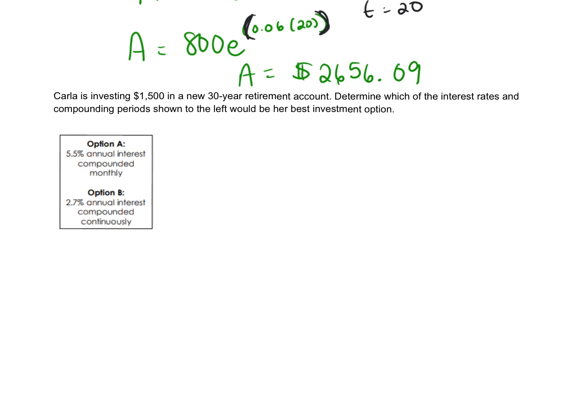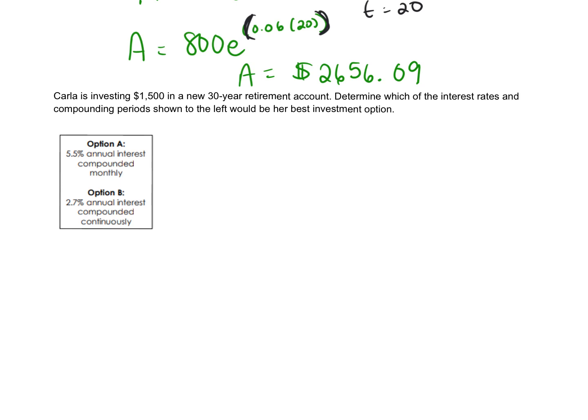You can have an interest rate of 5.5% annual interest rate compounded monthly. So you get 5.5% interest. You only get it monthly. Or 2.7%, so a much lower rate, but it's compounded continuously. So the question is, is it better to have a higher rate and not get interest as often, or a lower rate and get interest all the time?